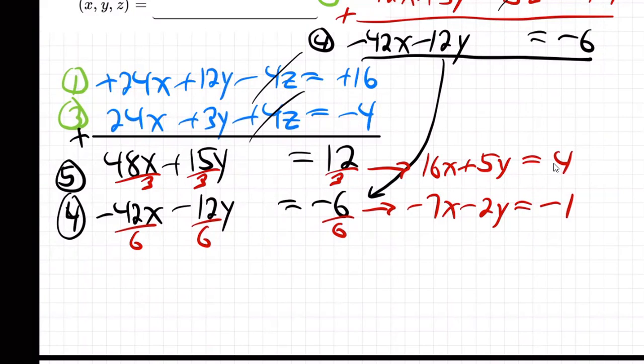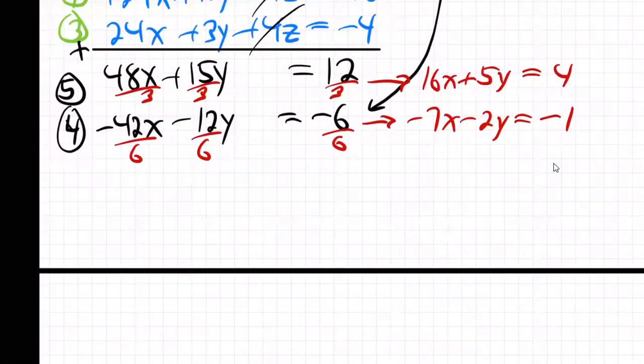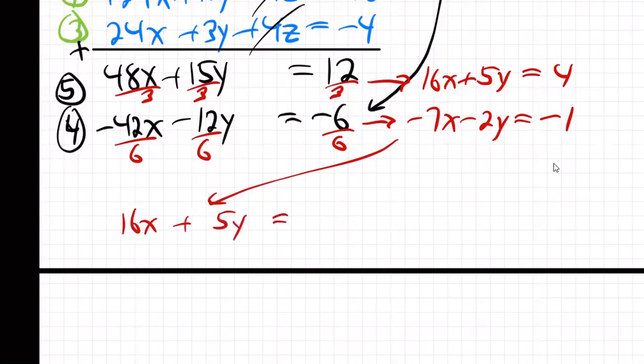Okay, now let me take those 2 equations right here. Bring those over here. 16x plus 5y is 4, and minus 7x minus 2y is minus 1. Okay, so we got to get something to cancel. So you know how to do this.